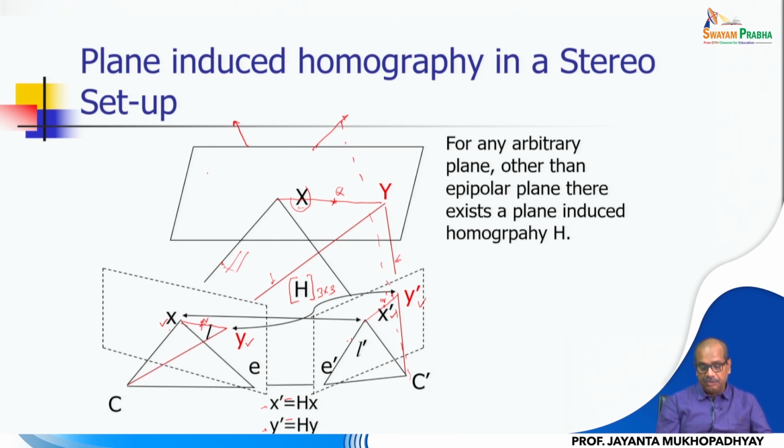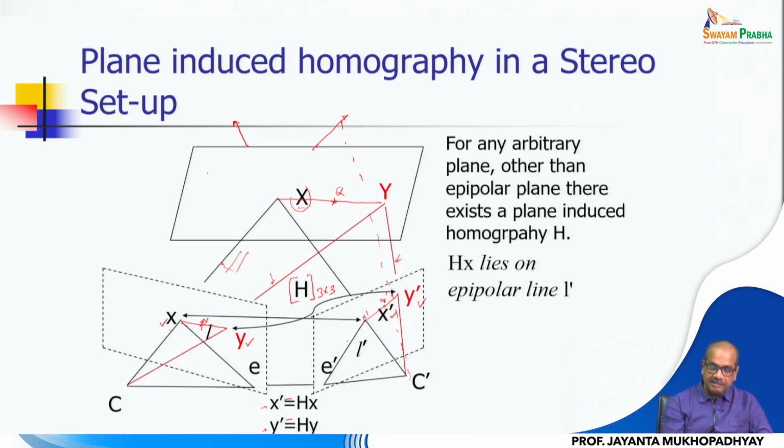The other thing you should note is that if I apply the homography, Hx will also lie on the epipolar line. That is the definition of the epipolar line, because this point also lies on the epipolar plane.